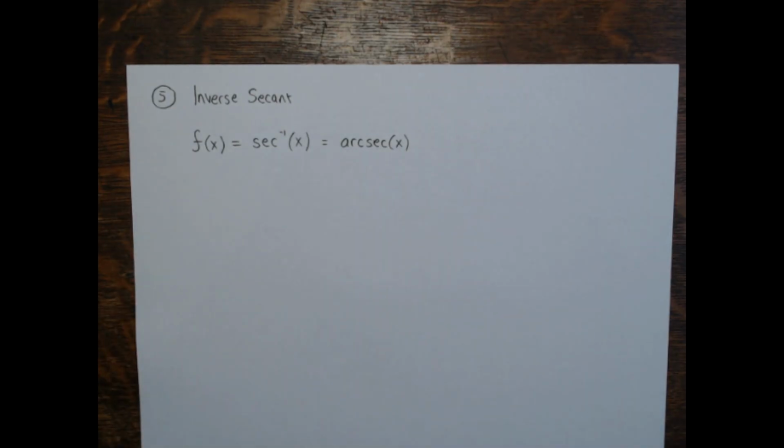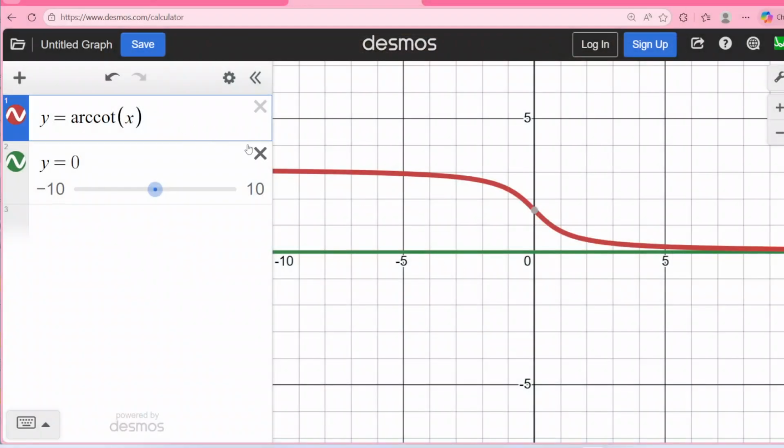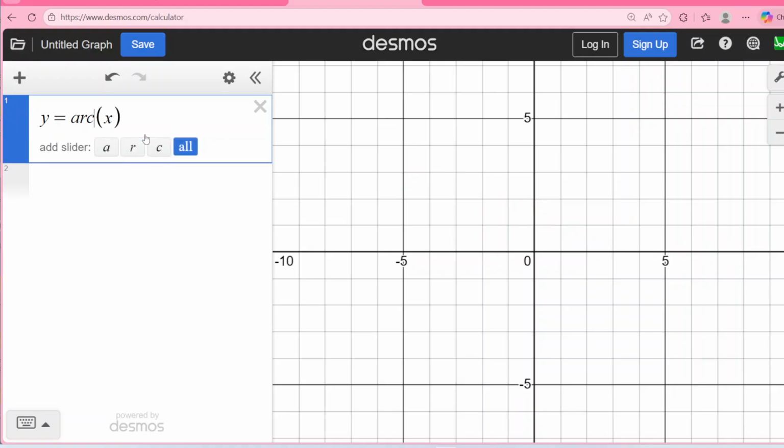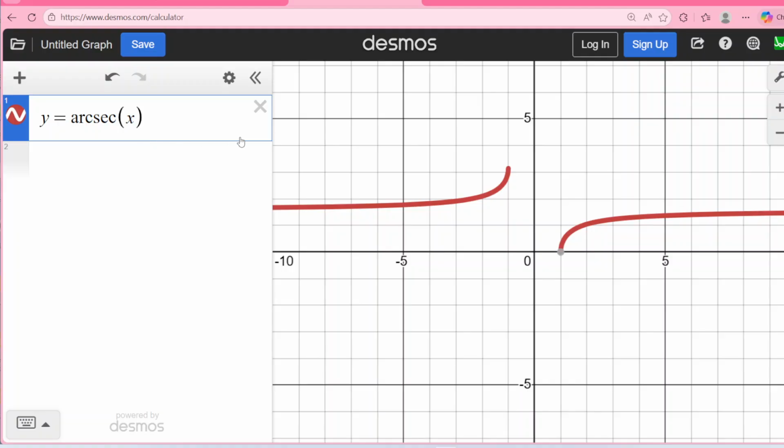And I'll show you what that looked like again. So it's changing the cotangent to arc secant. Look, it had a highest point at -1, pi, a lowest point at 1, 0, and your domain was from -infinity up to -1, and then from 1 to infinity, right?